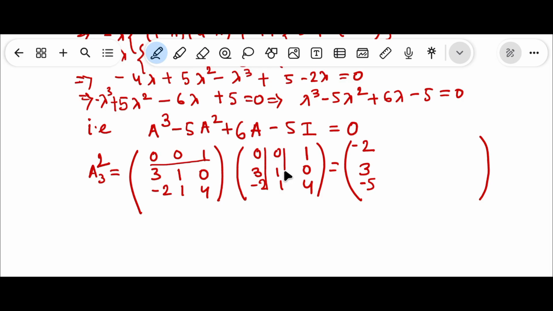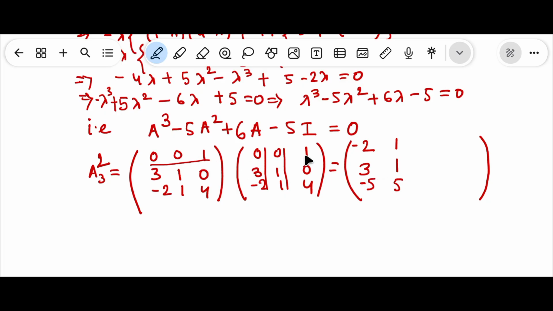Then let us multiply with the second column, so 0 into 0 is 0, 0 into 1 is 0, 1 into 1 is 1. Let us multiply the second row, 3 into 0 is 0, 1 into 1 is 1, and 1 into 0 is 0. So -2 into 0 is 0, 1 into 1 is 1, 4 into 1 is 4, 1 plus 4 is 5.